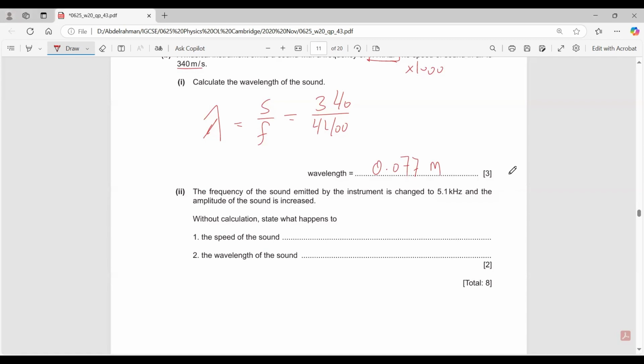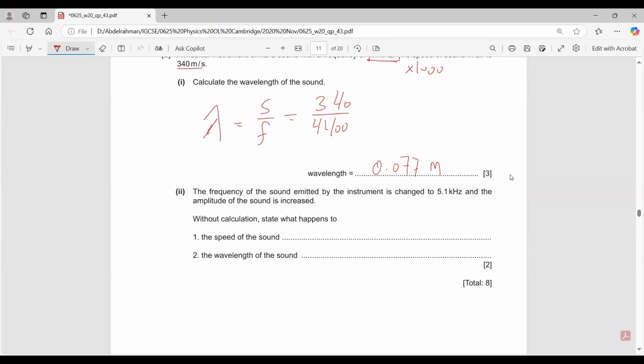Actually, the speed doesn't change. Why? Because you're still talking about the speed of sound. The speed of sound in air, to be more specific, is 340. So the speed stays the same.